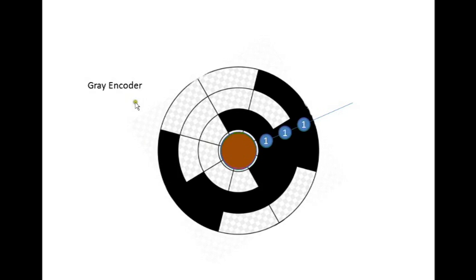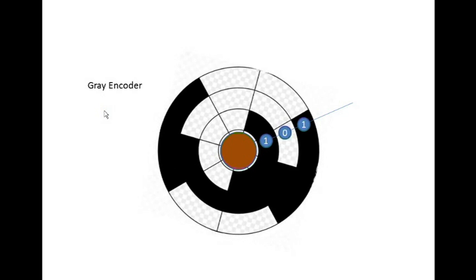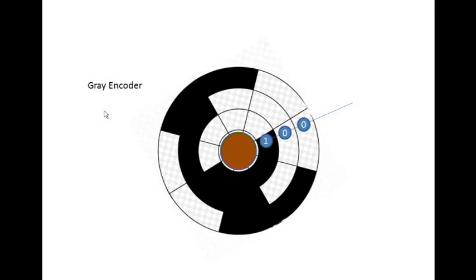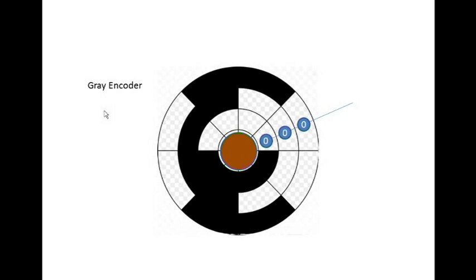But if we wanted more accuracy in our shaft encoding, we would use a larger grey code. But the main thing to notice is that only one of the sensors changes as we move from one sector to the next, and therefore we overcome this problem that we get with the binary encoded disks.